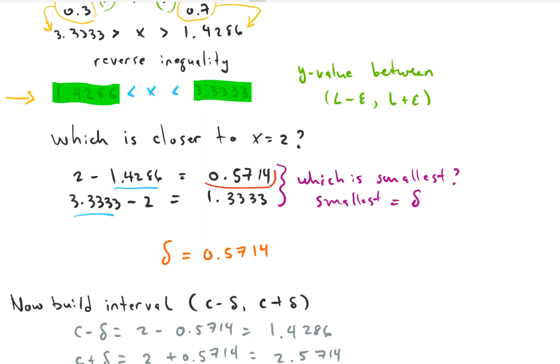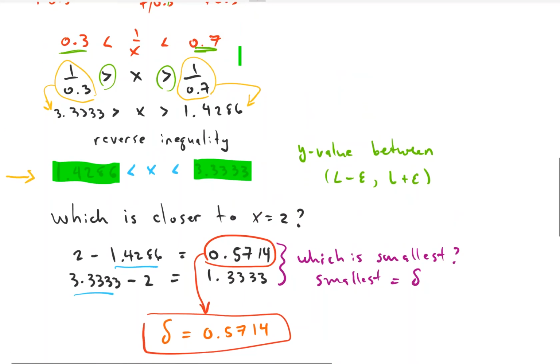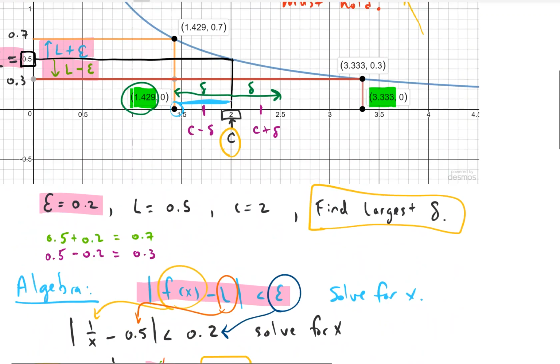And we can see right away that this one is the smallest one. And that's the one that we assign to delta. So 0.5714 is actually this distance right here. That's what that delta distance is, and also this other one on the right as well.